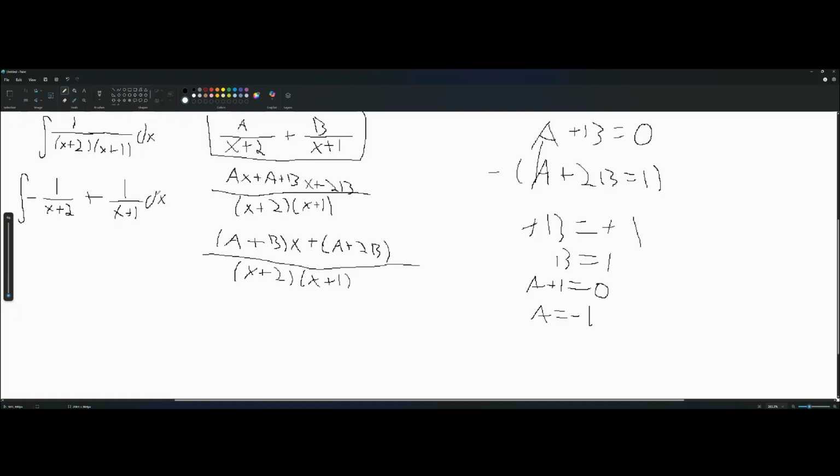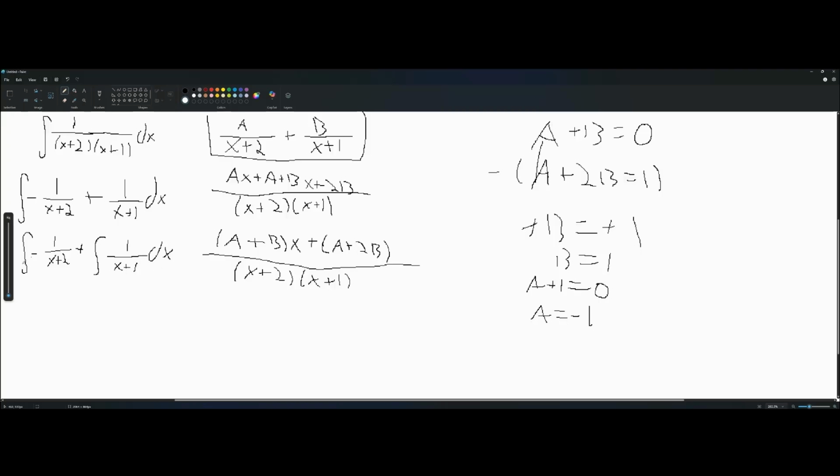And a cool thing about integrals is we can separate this into two different integrals. We can say that this is the integral of -1 over x plus 2 plus the integral of 1 over x plus 1.